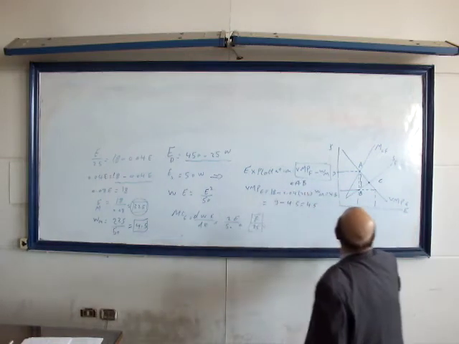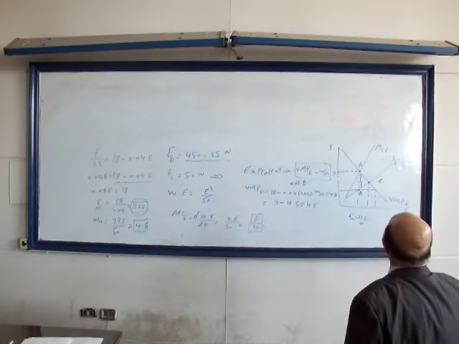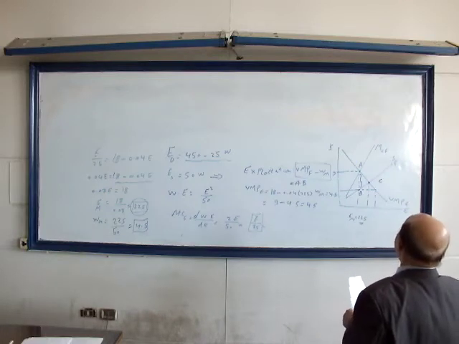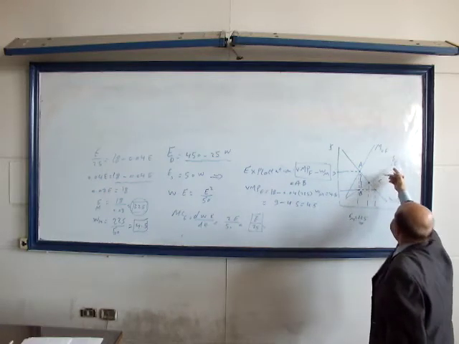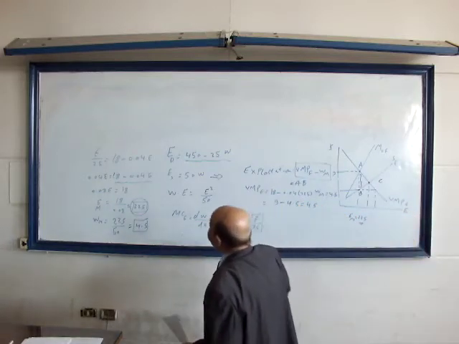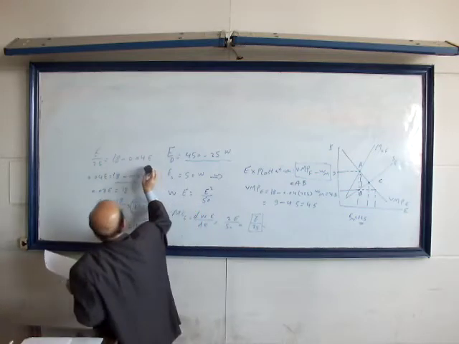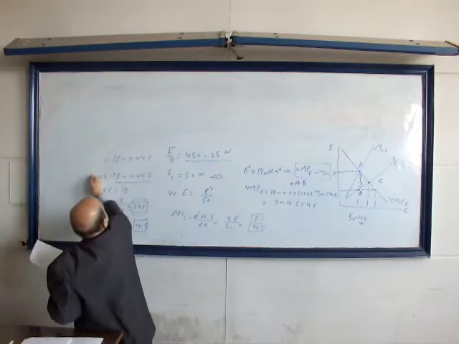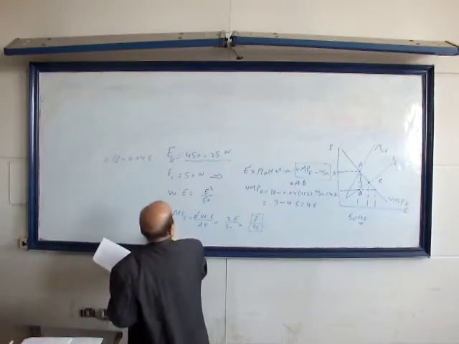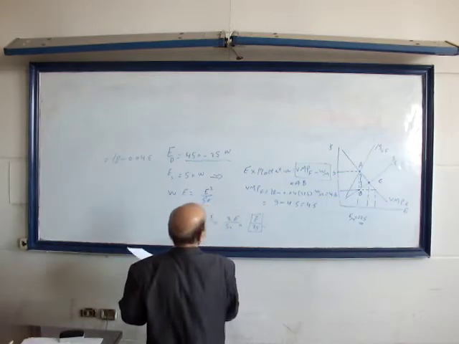Now, at point C, we need to equate demand and supply, because this is the point of intersection between demand and supply. So we have to equate the two equations. This is your demand, and this is your supply.